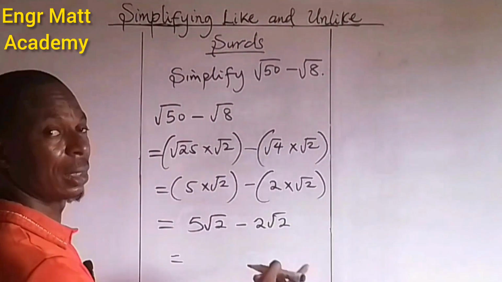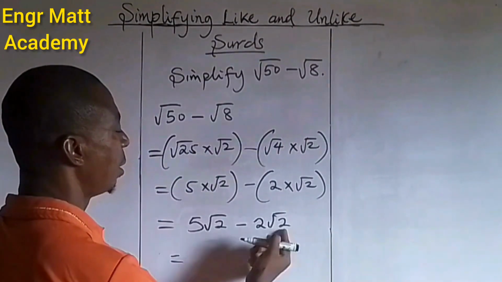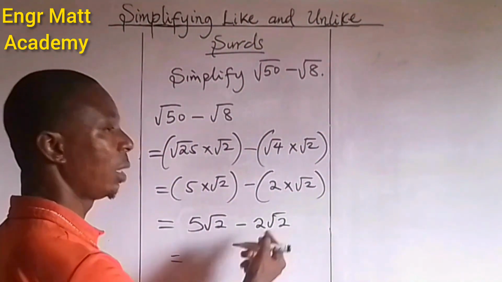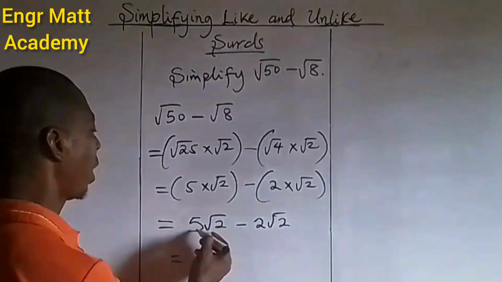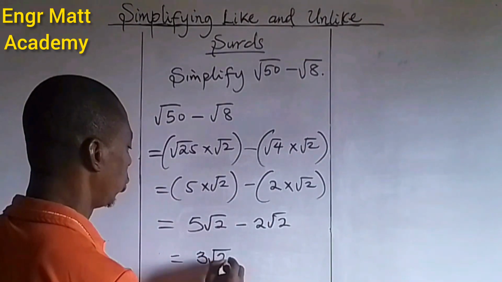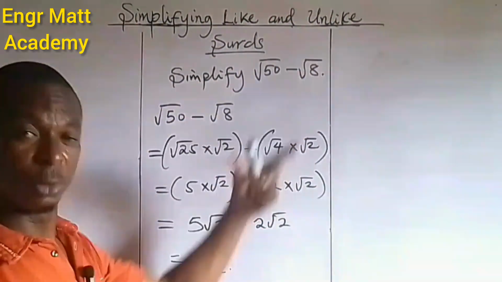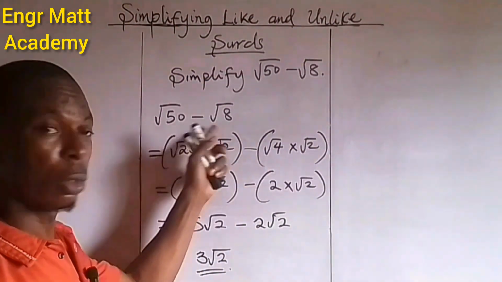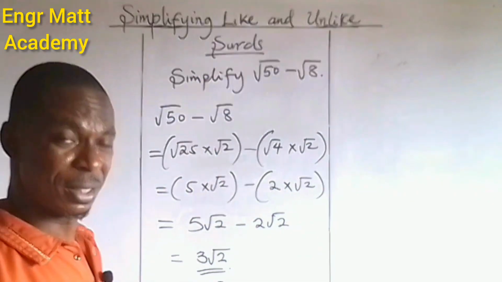Therefore, we subtract. Why? Because we now see that they are like surds. We have root 2 here and we have root 2 here, meaning that they are very much alike. So we say 5 minus 2, 3 root 2. So you see, at first they look different, but after simplifying each surd, they become alike or the same.